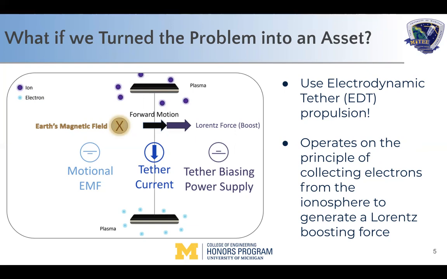What happens is that current acting through that tether creates a Lorentz force that can counteract the drag force to create propulsion. And this is very important because it allows these spacecraft to get into orbit without having to bring their own propellant. So this is a fully propellantless propulsion system.